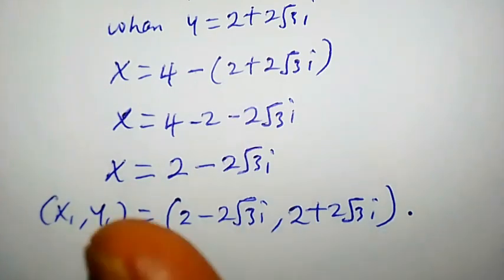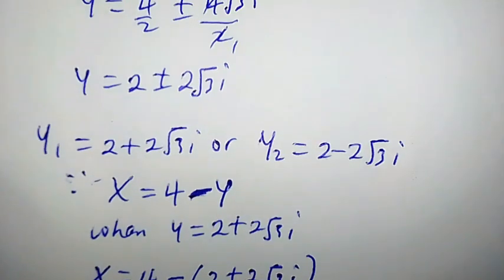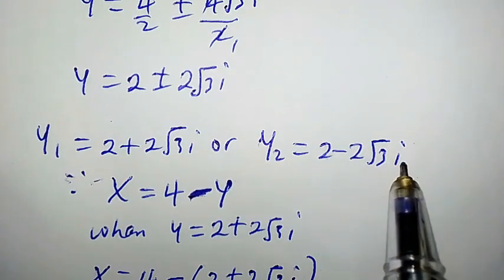Now let us consider the case when y equals 2 minus 2 root 3i.